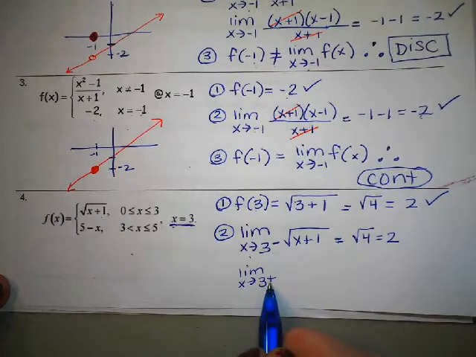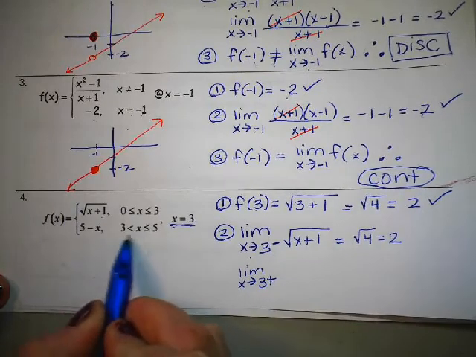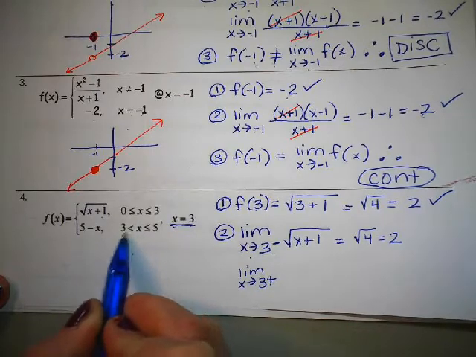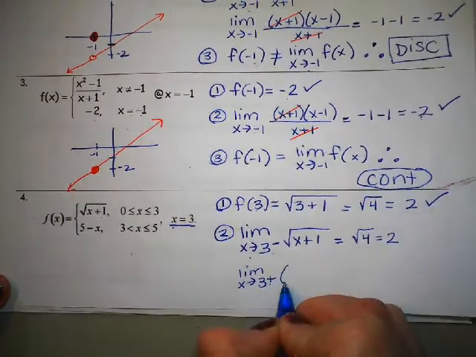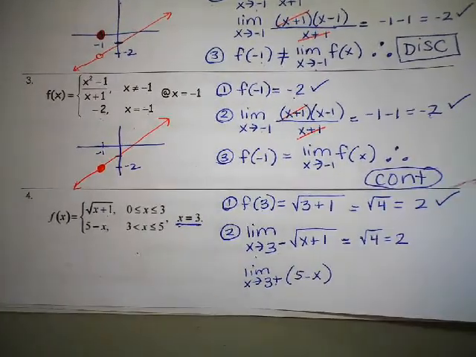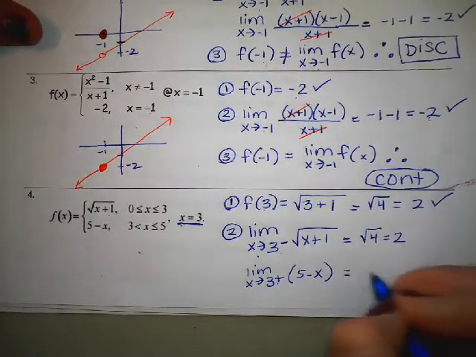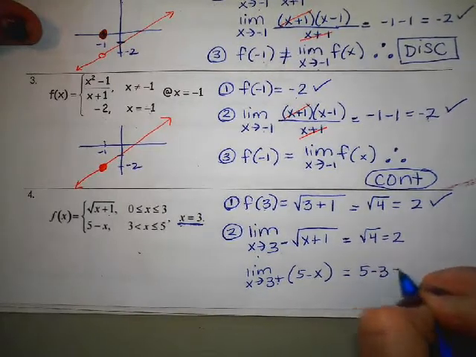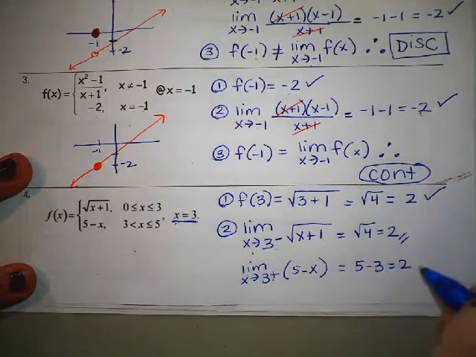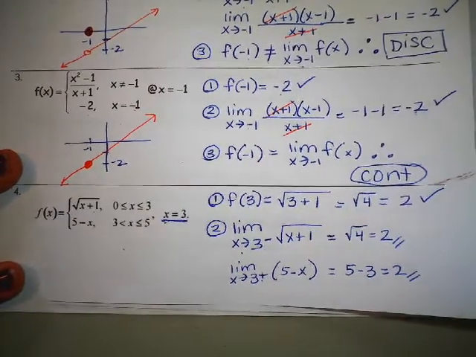For the right-hand limit, coming from the right, I'm going to use the bottom function because x is greater than 3. The bottom function was 5 minus x. And I'm going to go in, and where I see x, I'm going to put in 3. And I get 2. So I need to compare these two values, the left-hand limit and the right-hand limit.